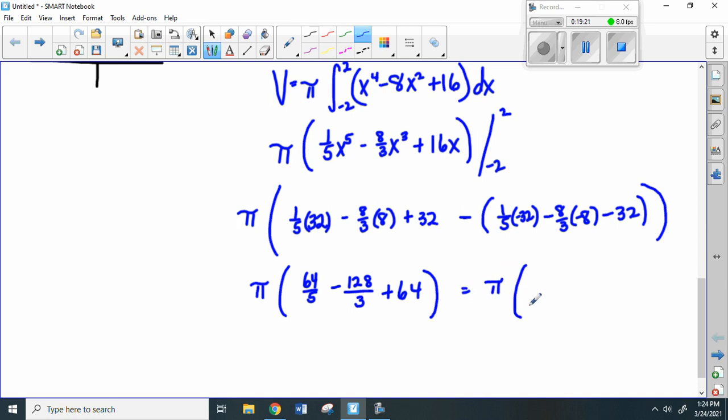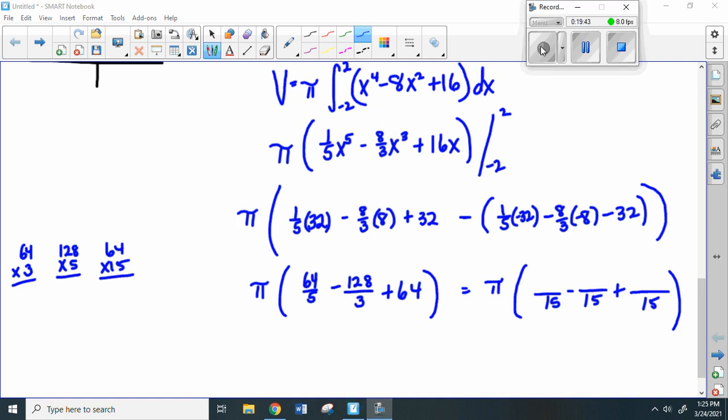I'm just running out of space. So I know the common denominator is going to be a 15. All right, but I have no idea what 64 times 3 is off the top of my head. I have no idea what 128 times 5 is off the top of my head. And I have no idea what 64 times 15 is off the top of my head.